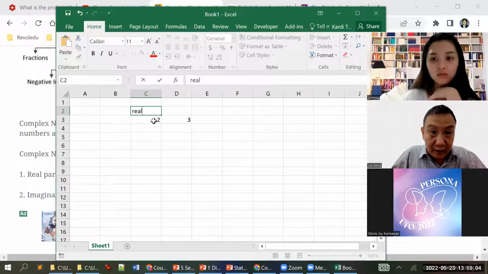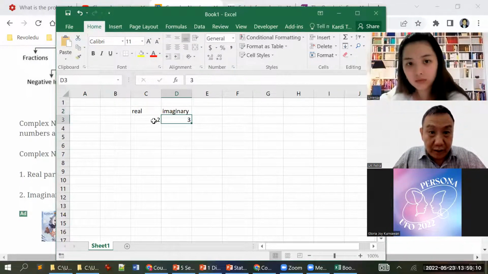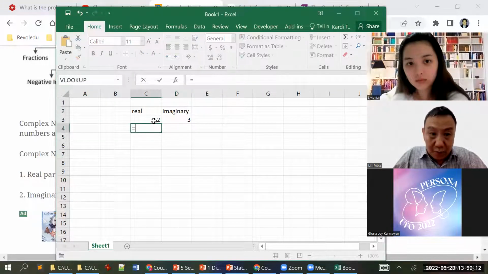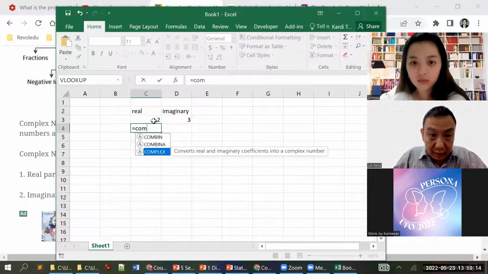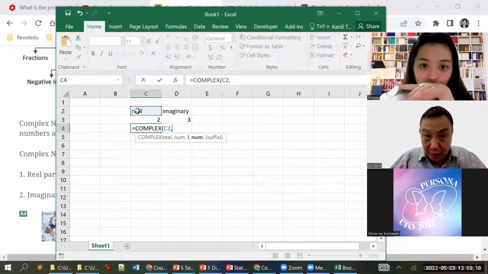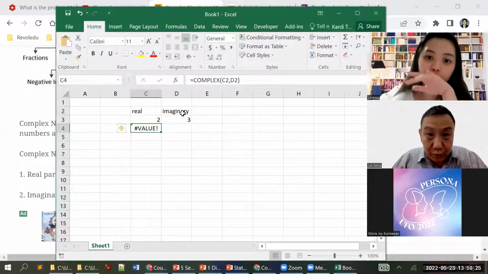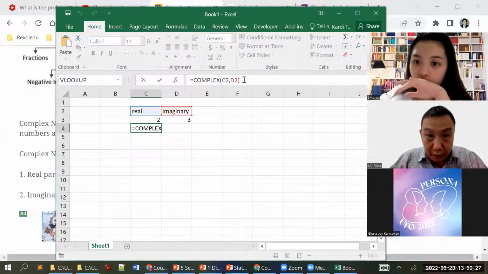This is the real part and this is the imaginary part. So if I put COMPLEX, I put the real part, comma, then the imaginary part, and I need to put i.